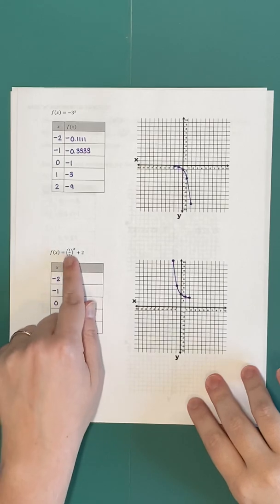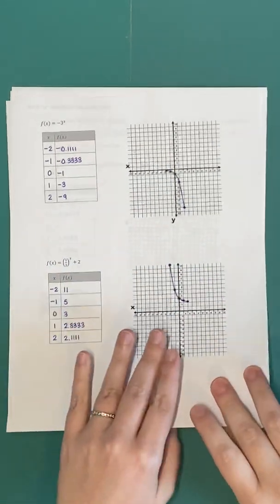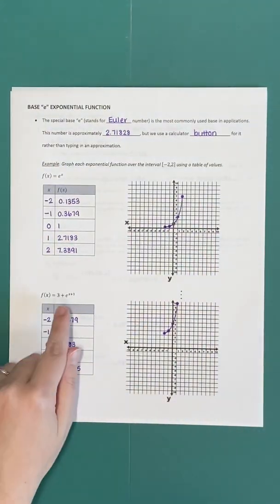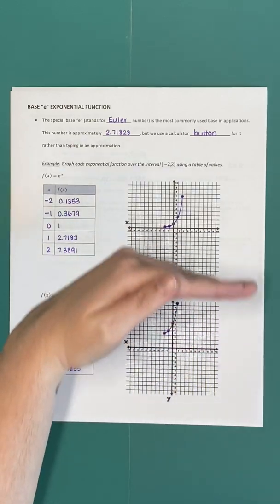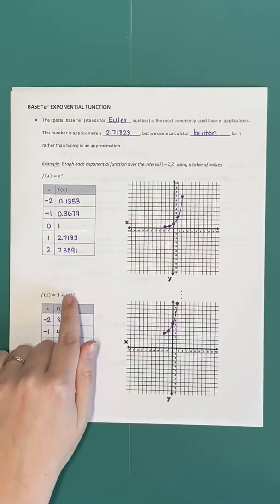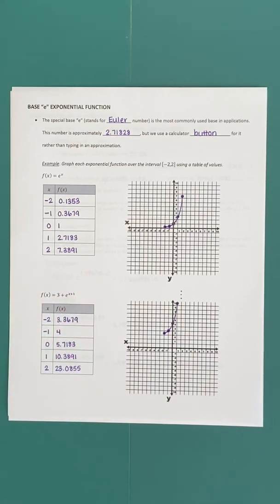The one outside the function is like the one we just graphed a moment ago. So we took 1/3 to the x, we added on 2 outside, that took everything and shifted it up 2 units. Well, here we're adding on a 3 on the outside, that's going to shift it up 1, 2, 3 units. What about the +1 that's added on to the x? Well, remember that's going to be horizontal. Anything done to x is horizontal, and it's counterintuitive.